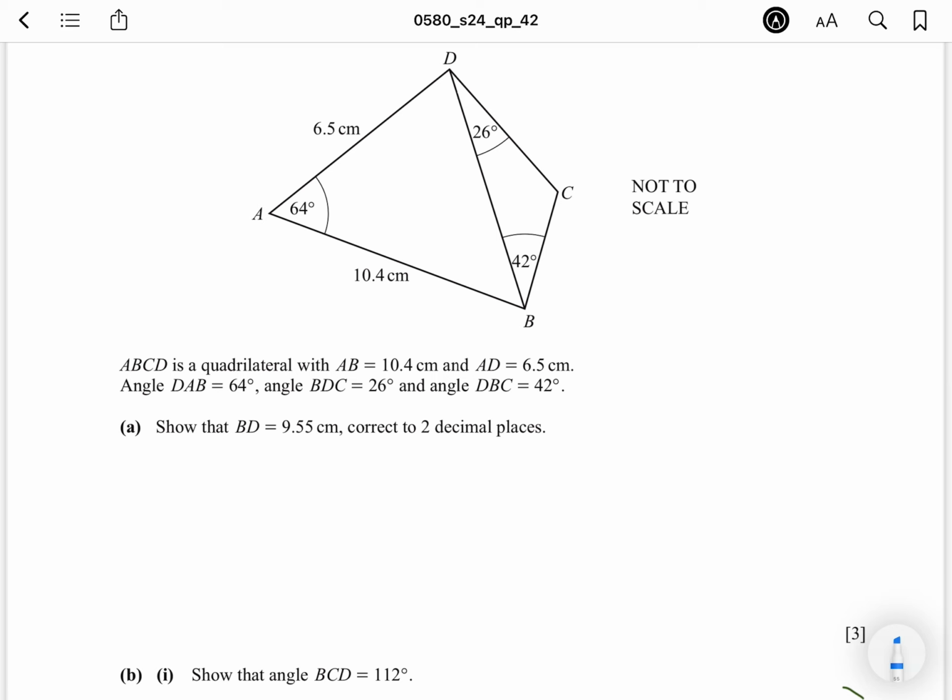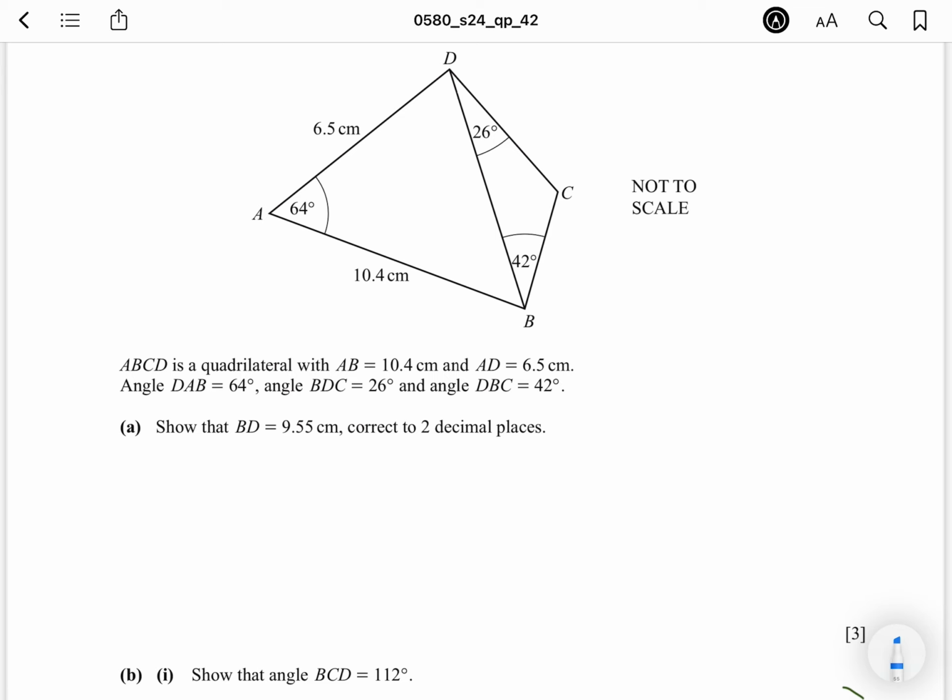What are we going to do? So we have 3 choices. Either we draw ABCD, the quadrilateral, either we draw ABD or I draw BCD. Which one do you think?